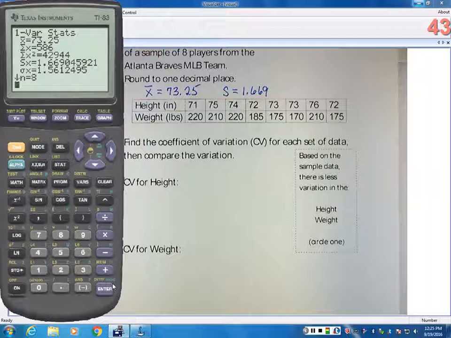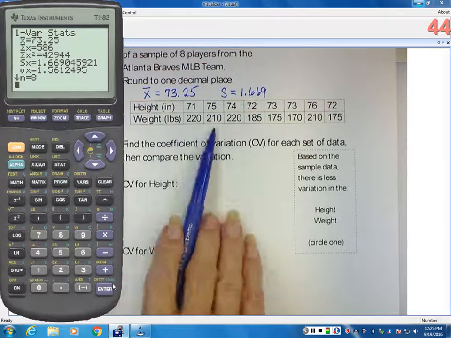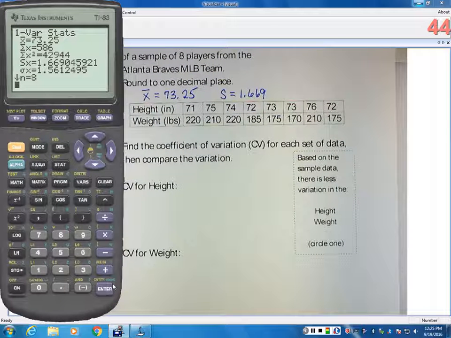There's nothing miraculous or hard and fast about the way that I round it. If it's in my stat lab, round the way it tells you to. If it's on a test and I don't tell you, round however you want to. The only thing you don't ever do is you don't round the mean to a whole number, even if the data was whole numbers. You always have at least one more decimal place. And you also don't round the standard deviation to a whole number.